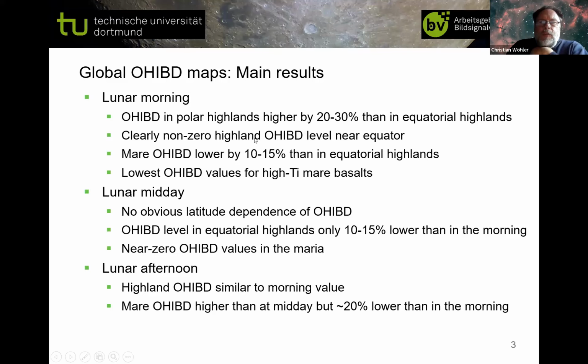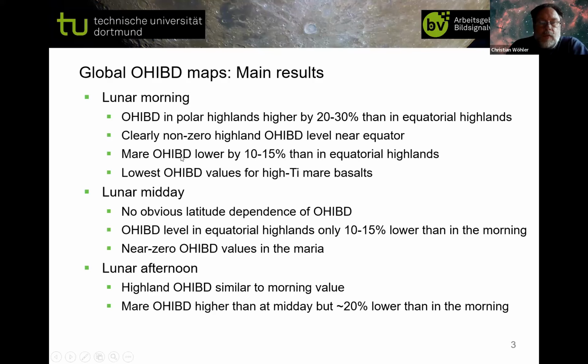There is a clearly non-zero highland level near the equator in the morning, and the Mare OH-IBD is lower by 10 to 15% than in the equatorial highlands, which might have changed according to Kai's new findings he just presented, because there in the morning the Maria were a bit more intense regarding their 3 micron band depth.